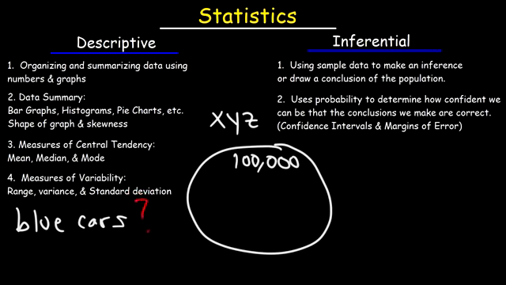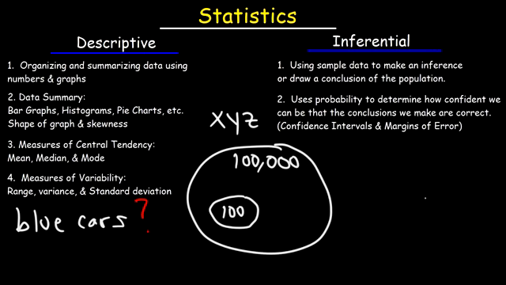Now, it would be unreasonable for us to ask every citizen in this city if they prefer to purchase a blue car, because that means you have to ask 100,000 people, and that's just not practical. So instead, what we could do is take a small sample of the population, let's say 100 individuals, and ask them, hey, do you prefer to drive a blue car or do you prefer to drive a red car? And see who says yes.